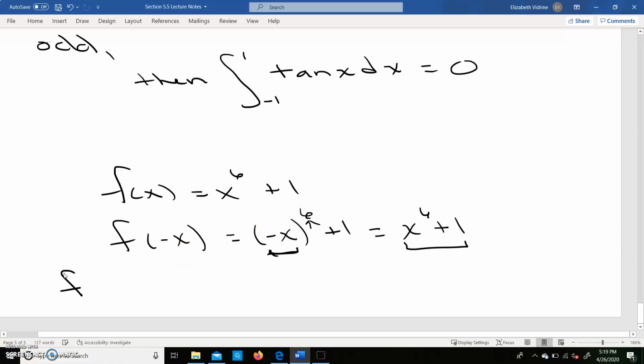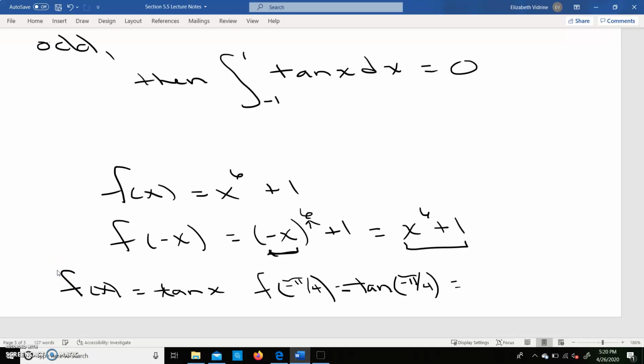In our tangent function, the second example, we have f of x equals tangent of x. And you plug a negative value into that function. So let's say negative pi over 4, just to actually give you a specific number in this case. So that would be tangent of negative pi over 4, which equals negative 1, right?